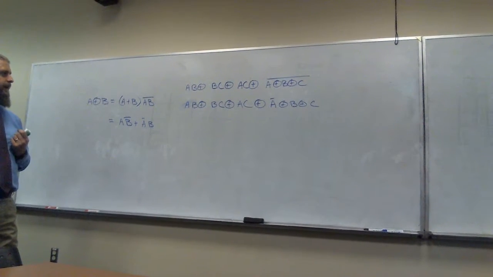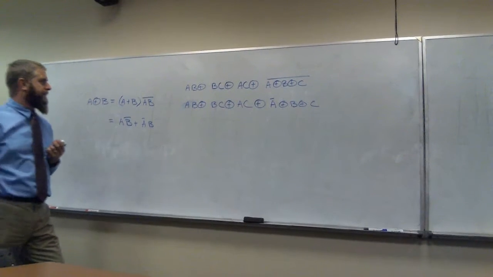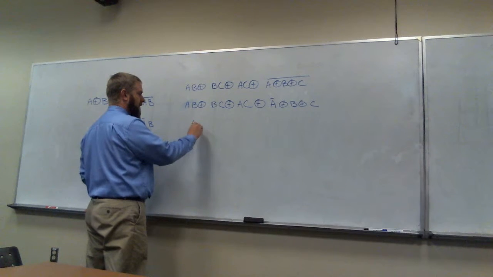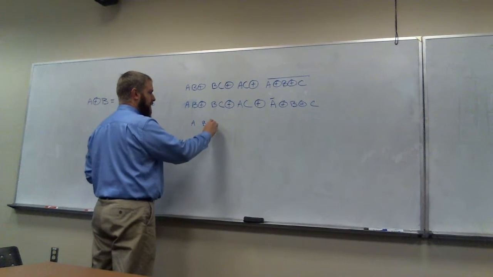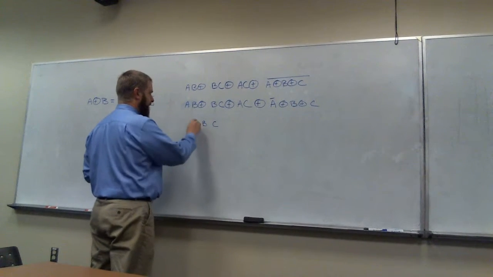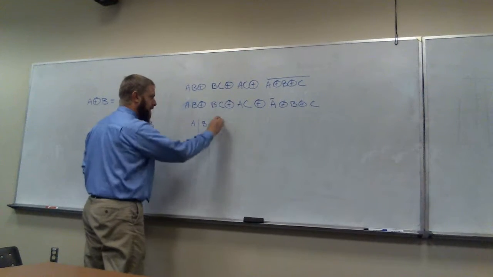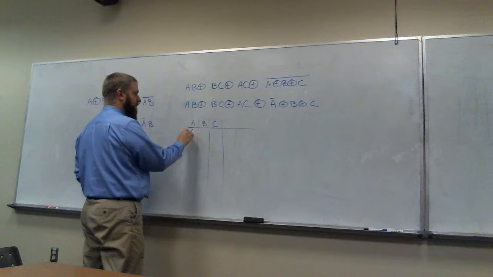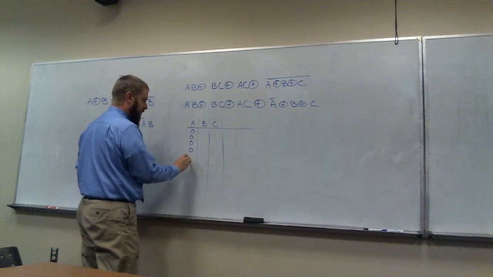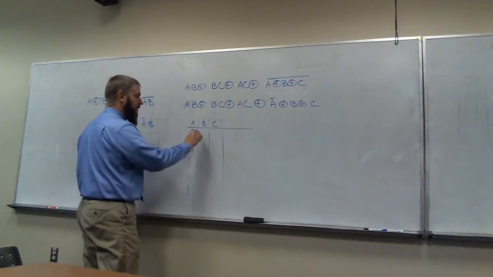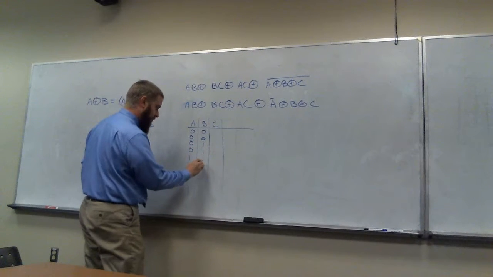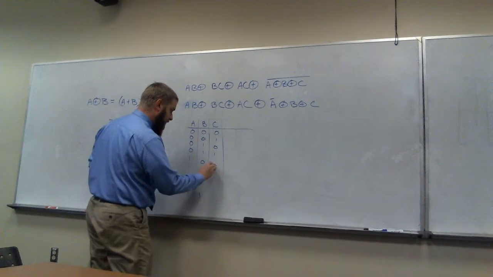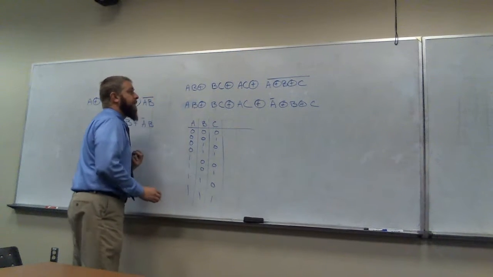We just have three variables, correct? A, B, C. Eight rows.